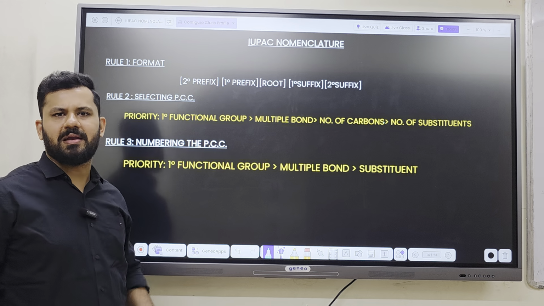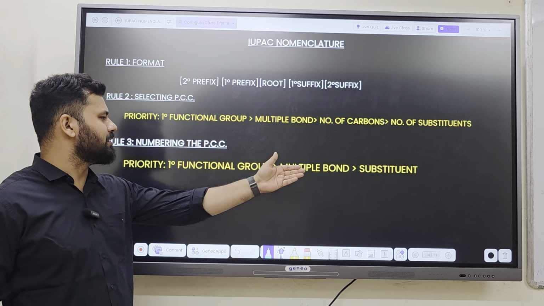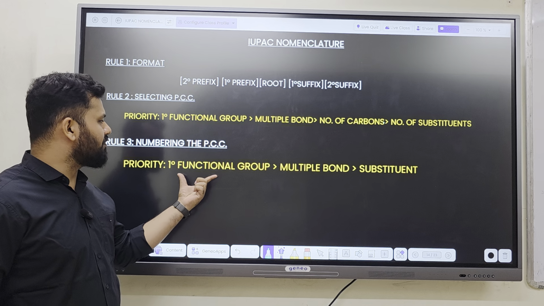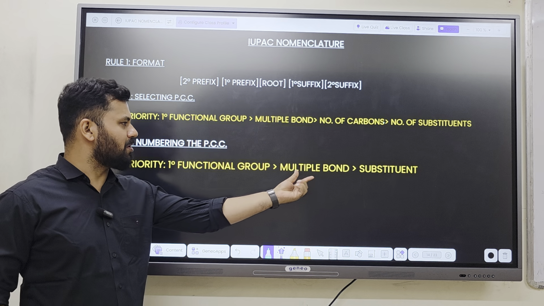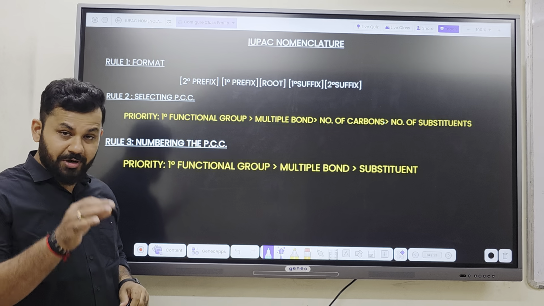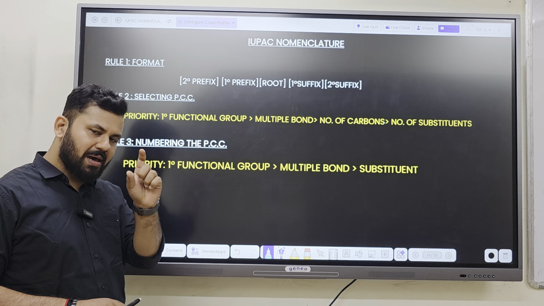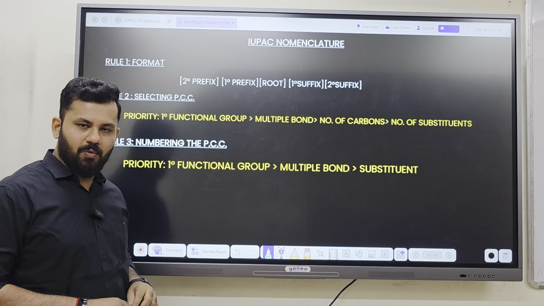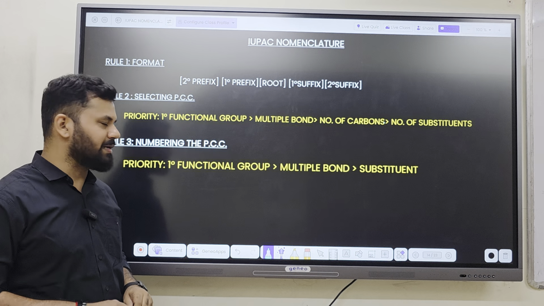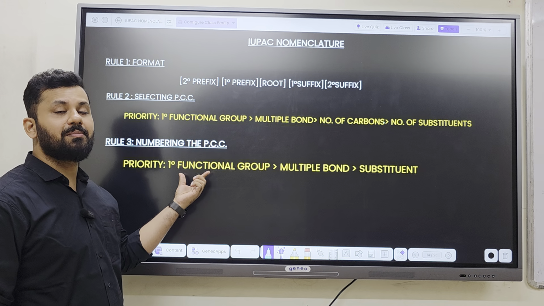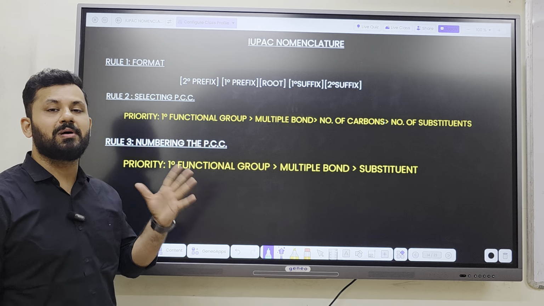Once you have selected the parent carbon chain, you have to keep in mind this priority: primary functional group, then multiple bonds, then substituent. What it means is that once the parent carbon chain is selected, when numbering, you have to keep in mind that you assign minimum possible number to the primary functional group.